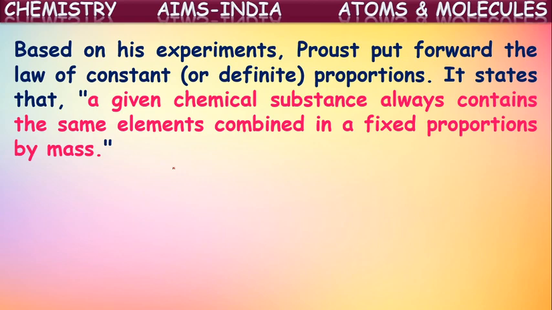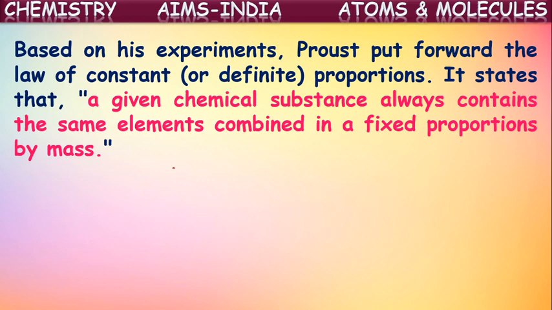It always has the same elements, hydrogen and oxygen, and they are combined in a fixed proportion by mass. If you take water from any source, it will contain two atoms of hydrogen combined with one atom of oxygen in all the samples. It is fixed. So if you say water, it is always H2O only. There is no change at all. That is called the law of constant proportions or law of definite proportions.